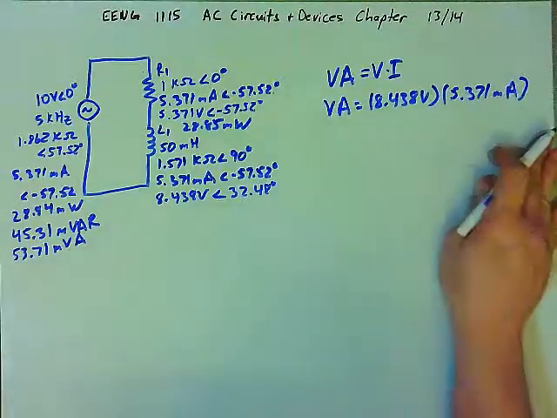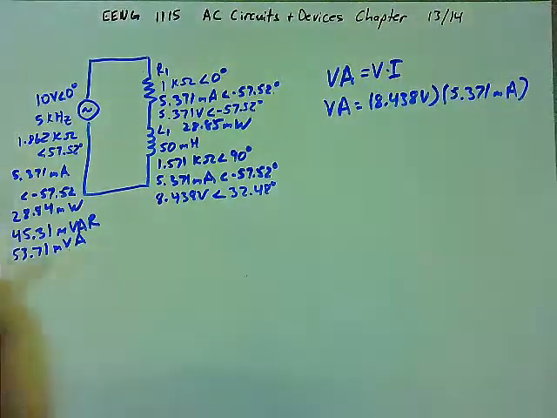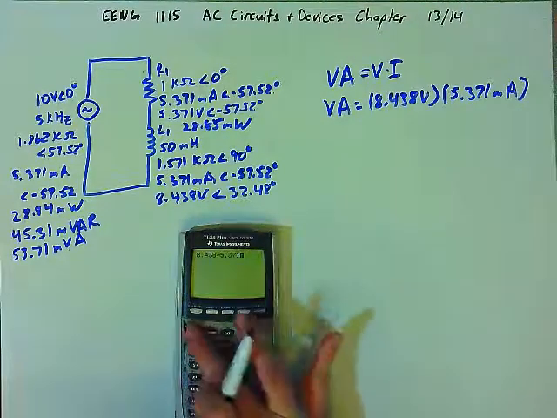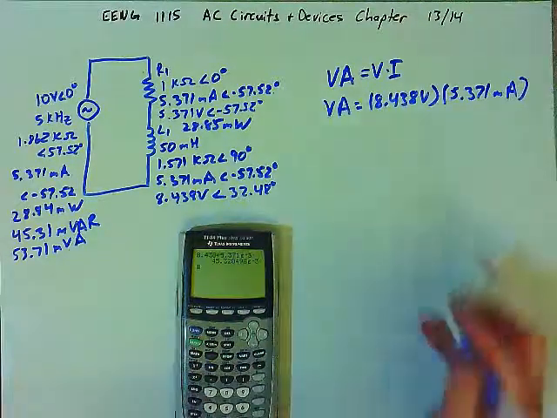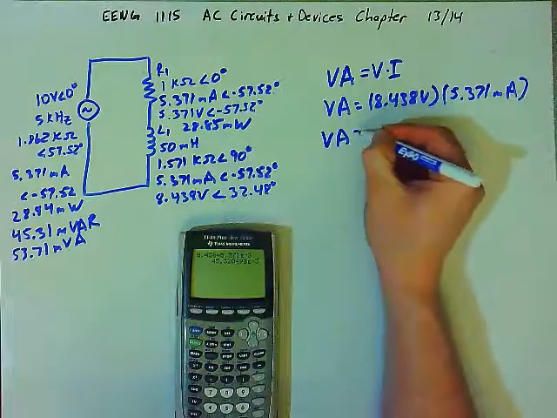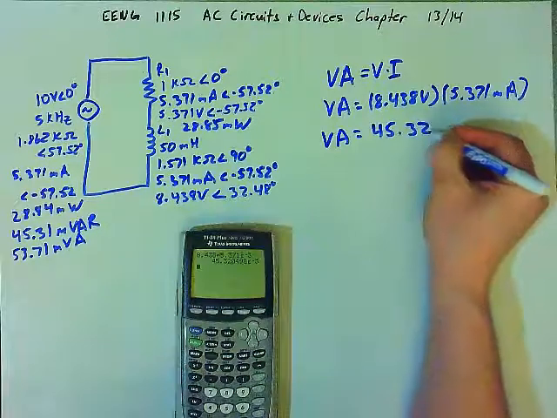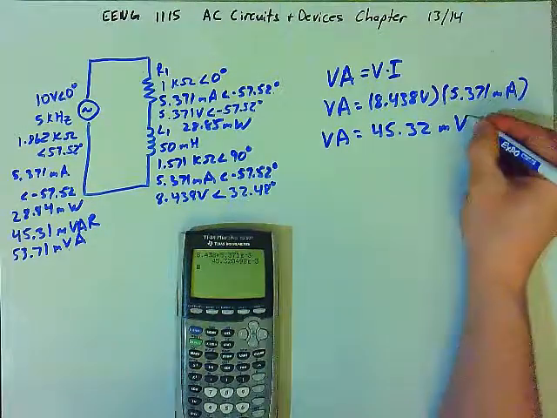And again, for volt amps, we don't consider any part of the phase angle. And so the volt amps will be 8.438 volts times 5.371 milliamps. The volt amps for the inductor is 45.32 millivolt amps.